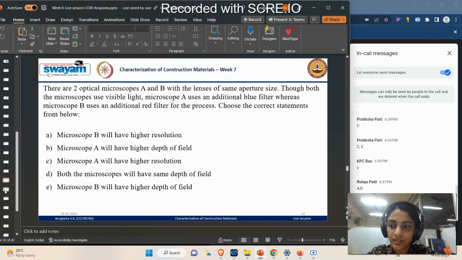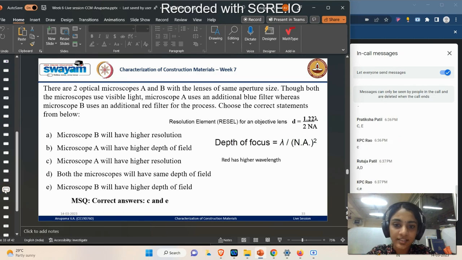Okay, let's move to the correct answers. Correct answers are C and E. So here, resolution D is equal to 1.22 lambda by 2 into aperture size. So here this is the same. So the only difference is lambda. Red has a higher wavelength.